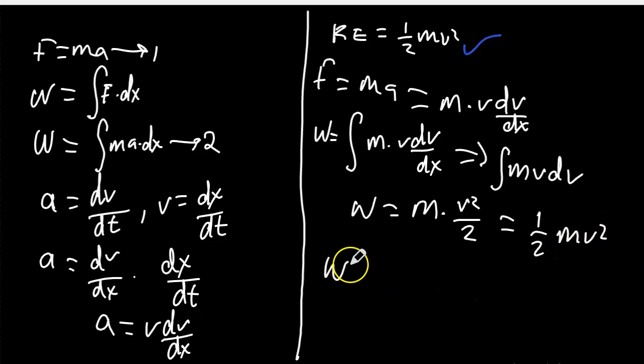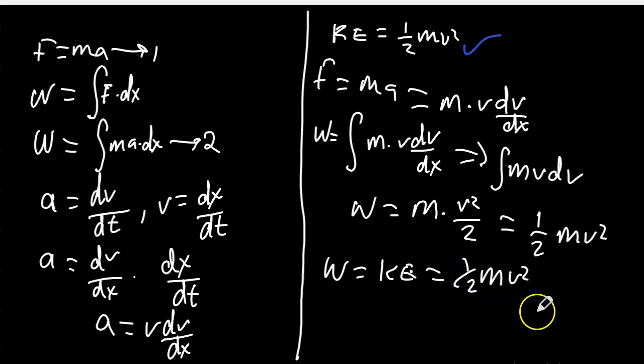So the work done is nothing but the kinetic energy of the system, which is equal to a half mv squared. Proved. So this is what you are supposed to do, guys. If you like to go the integral way, you can simply show this, or you can also start from the third equation of motion.